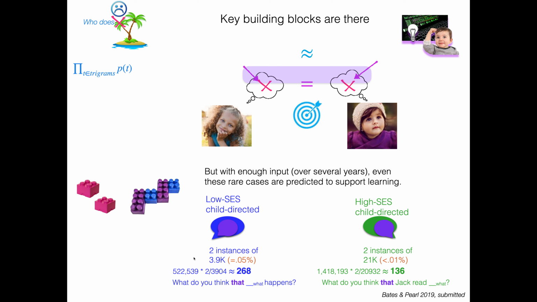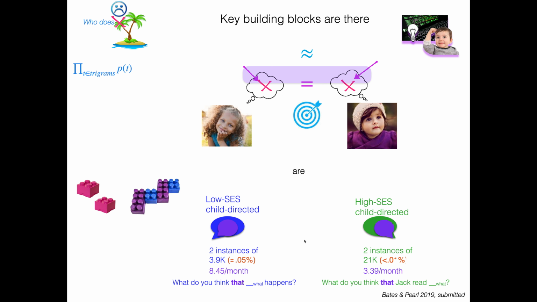You take the amount that you're going to encounter over the 4-year period and this rate of encountering them from the dependencies, and you still get like 270, you still get like 130. They're not that often, but there are some, right? If you think about this in terms of how many per month, 8.5 per month or 3.5 per month, not a lot, but some, more than never, is the idea.